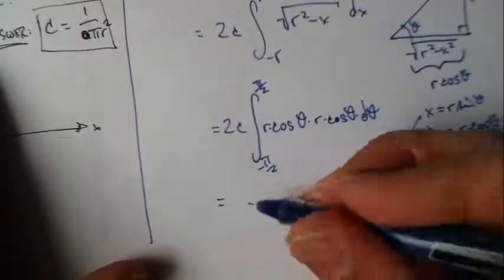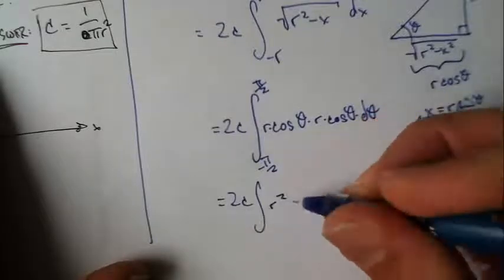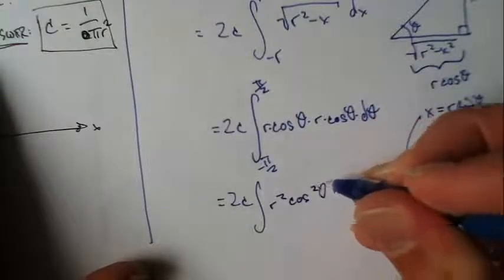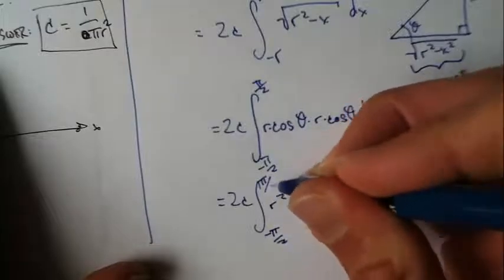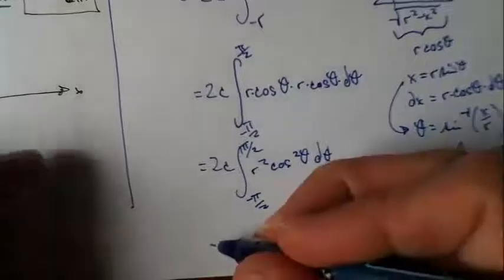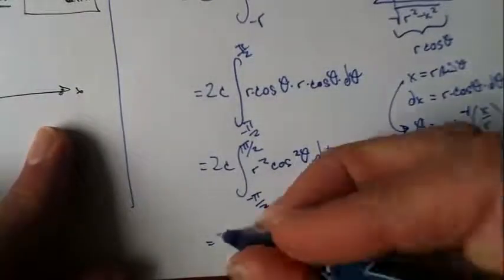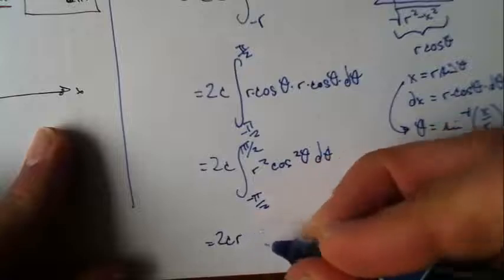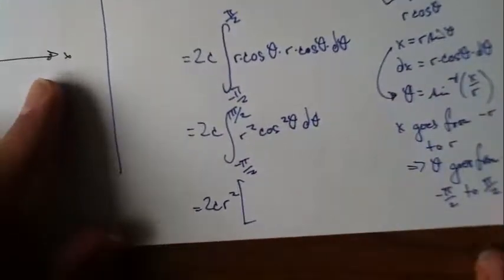And then, so this is going to be 2c times integral, I can write this as r squared cosine squared theta, d theta, negative pi over 2, okay? And actually that r squared pops out. Let's see, what is the integral of cosine squared theta?